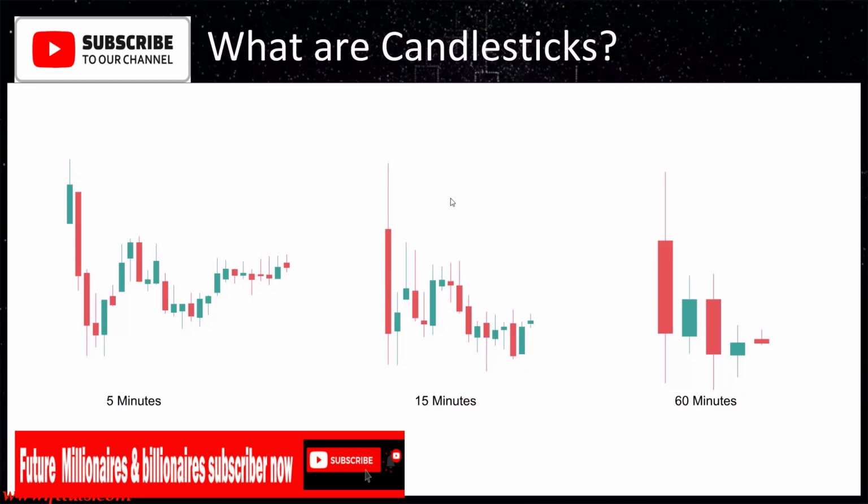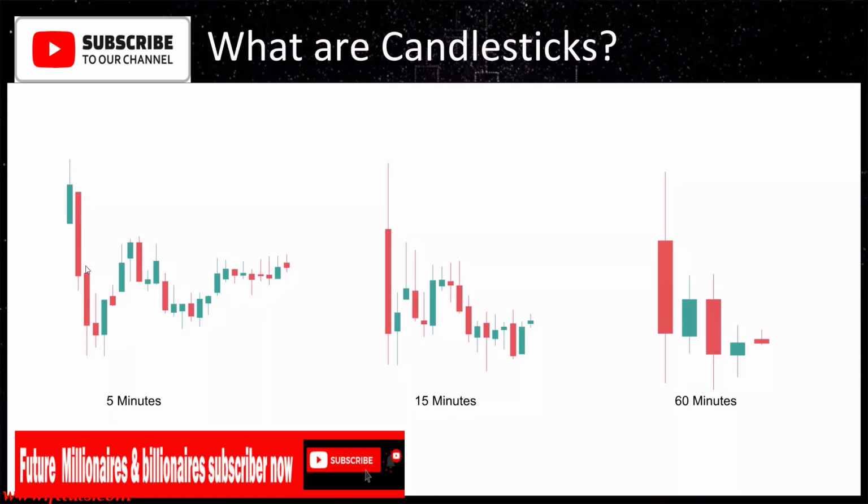Here we have the same chart on 5, 15, and 60-minute intervals. This is the same stock, same time periods, and what we're looking for is to see how these smaller time frames fit into the larger time frame. So on our 5-minute chart, we can see that we've got a green candlestick. We closed, opened it a little lower, and we experienced quite a bit of loss over the next 10 minutes.